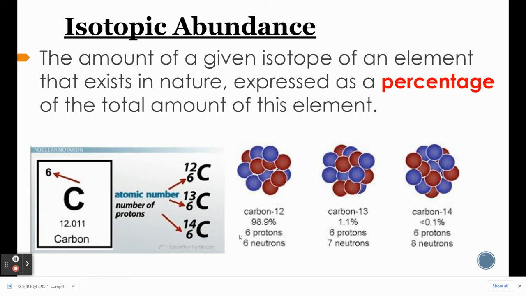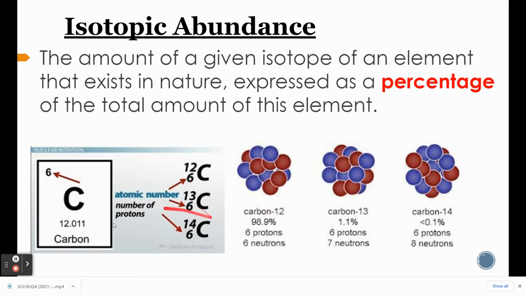So your final mark at the end, let's just say it was only based on those two assessments, would be closer to whatever you got in the big test compared to what you got in the little quiz. And that's because a big test is just worth more. It has more of a weight, let's just say. So it's the same idea here because 98.9% of carbon in nature is carbon 12. The average mass here is going to be closer to carbon 12. So it's a weighted average, we say.